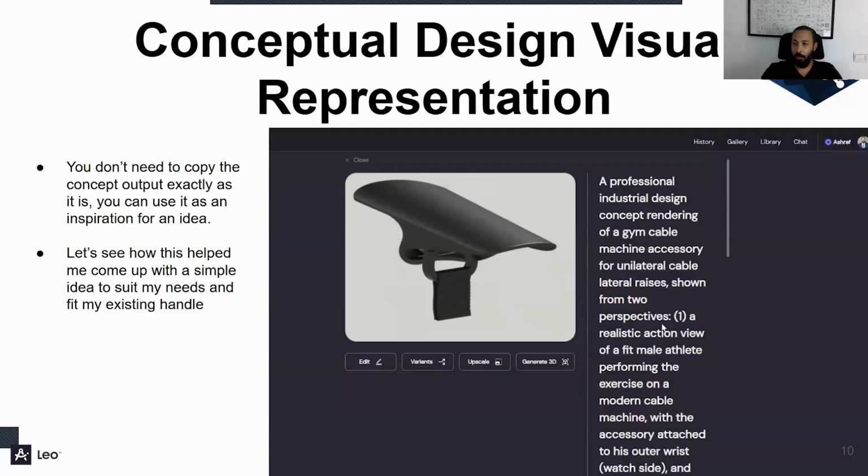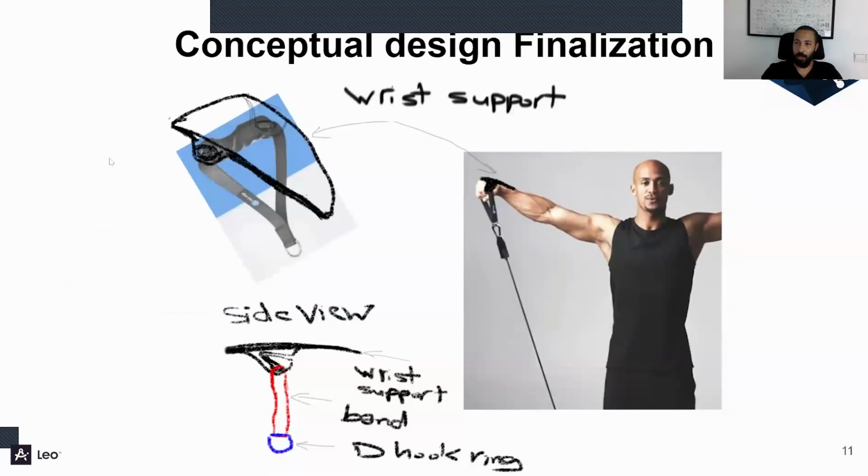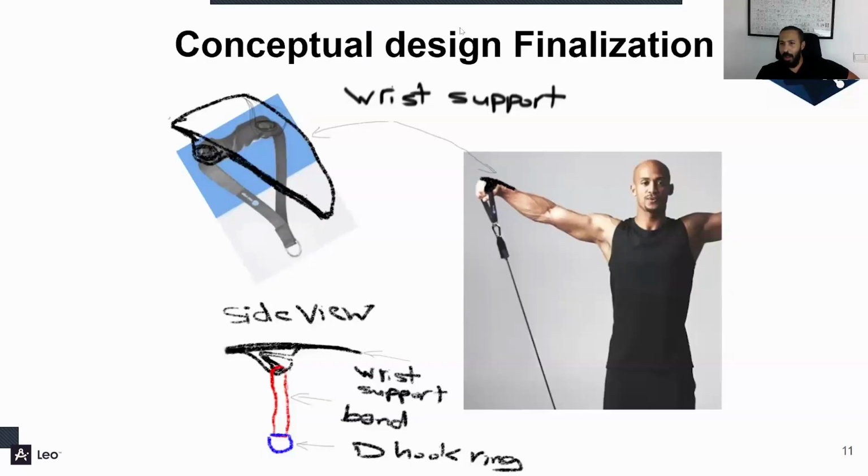So it did help me to come up with a very simple idea. So here's the conceptual design finalized that I took from the input that I took out of Leo AI. A very basic idea is having something to be on the wrist around here, the same shape like that.